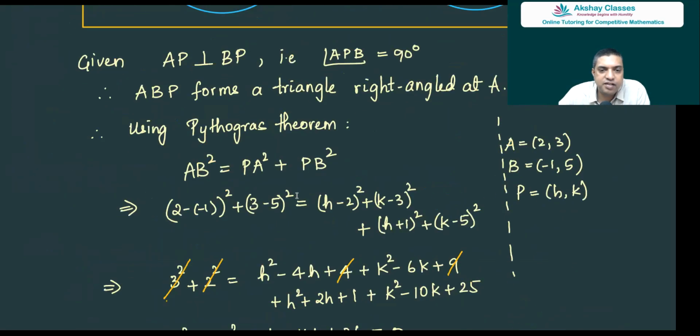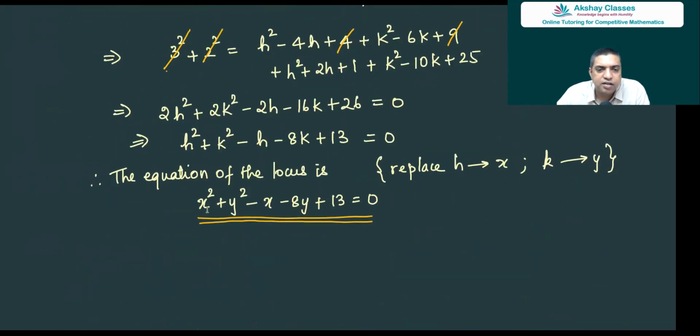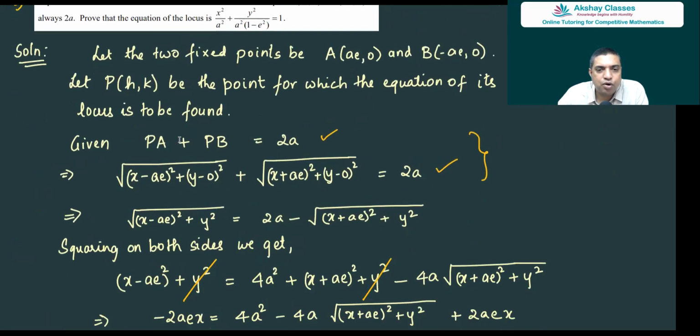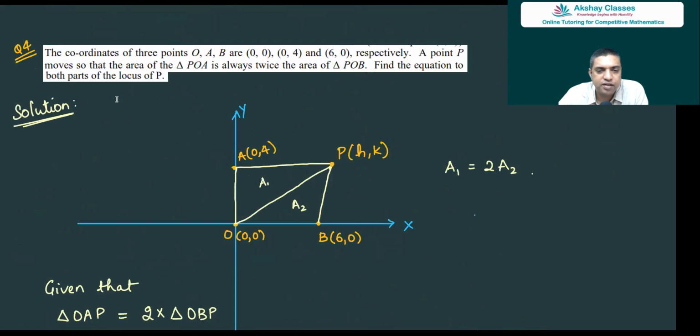When we apply the conditions, we get an equation and we replace h by x and k by y. So we get an equation of the locus. The equation of a curve in xy coordinates will be in terms of x, y, and some constants. So this is the equation you have got. All the previous problems were where some condition is given and we find the locus of the point.